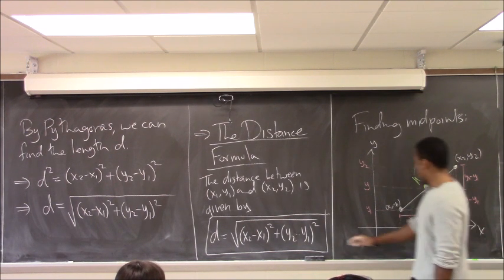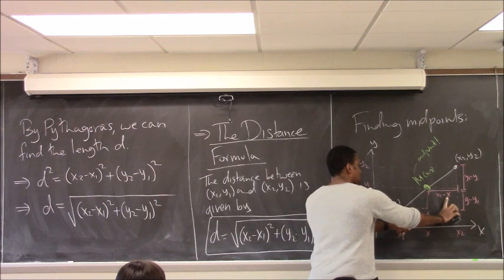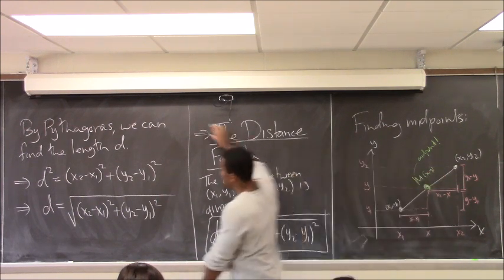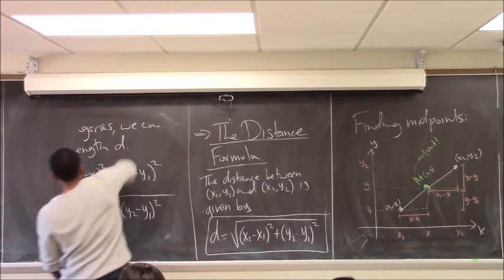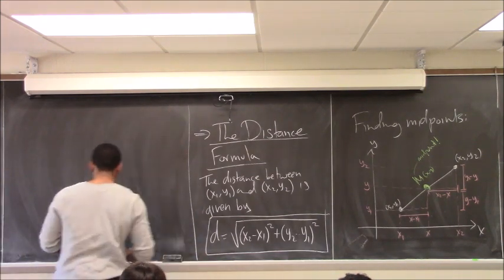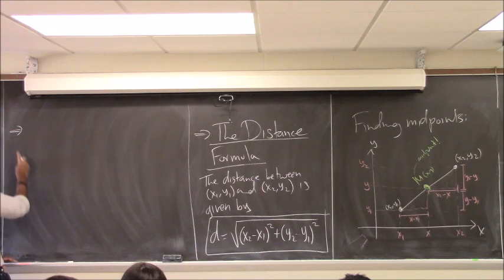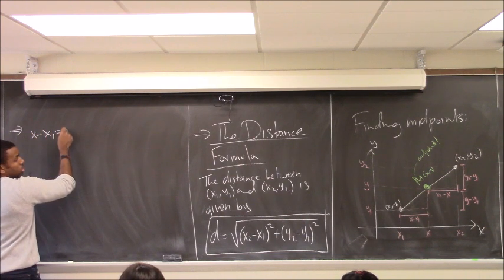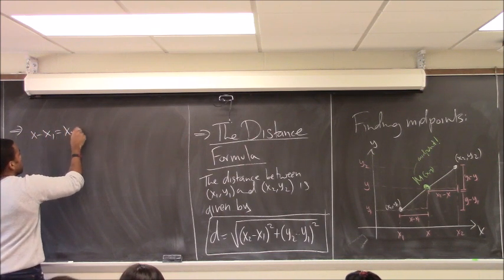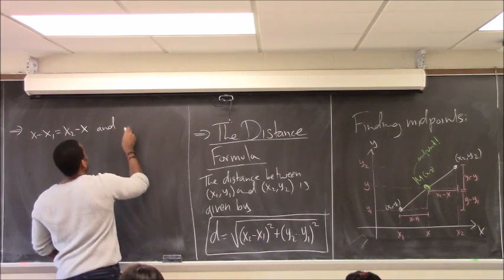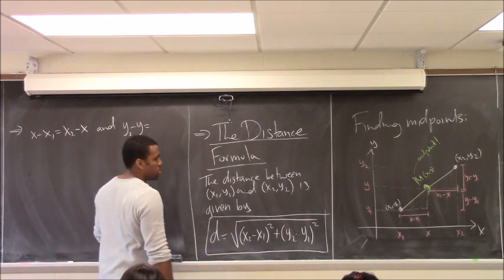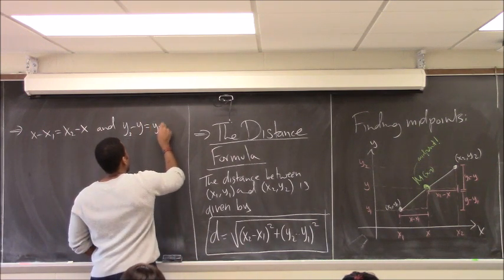And so now for the midpoints, these two must be the same so that you're midway between the x values. These two must also be the same, so you're midway between the y values. This means that your x minus x1 must be equal to x2 minus x, and your y2 minus y must be equal to y minus y1.